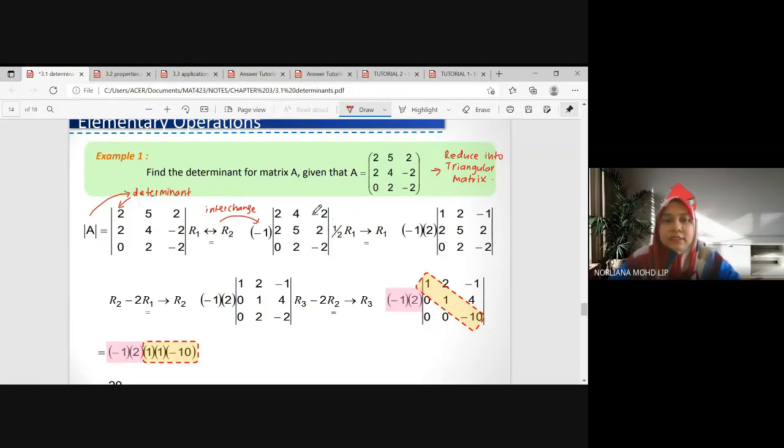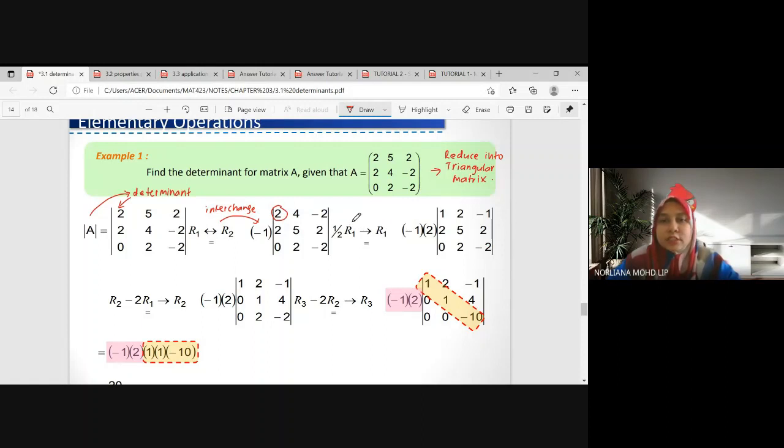After that, we want to make row 1 a leading 1. So we have to use the operation 1 over 2 times row 1 to make it a leading 1.